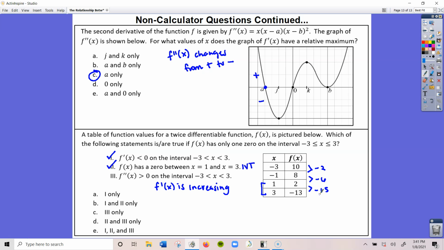And if we look at these values, it is also decreasing. So if this is also decreasing, then that means that f prime would also decrease. So since it's not increasing, this is not true. So the only things that are true are statements 1 and 2.